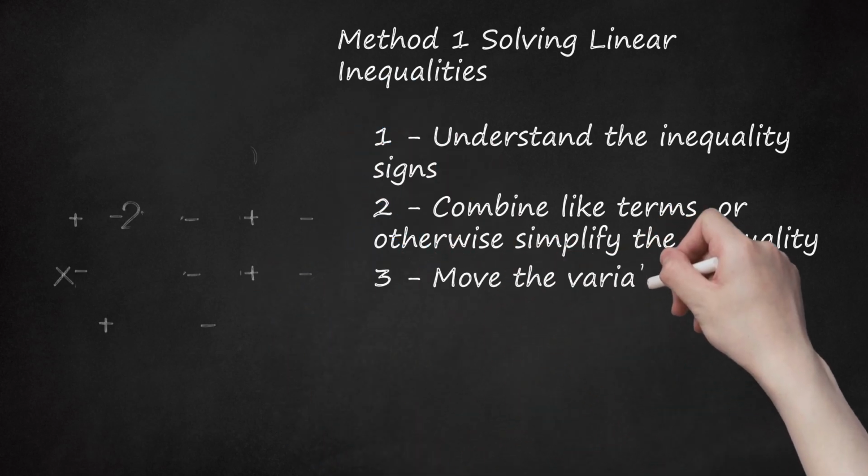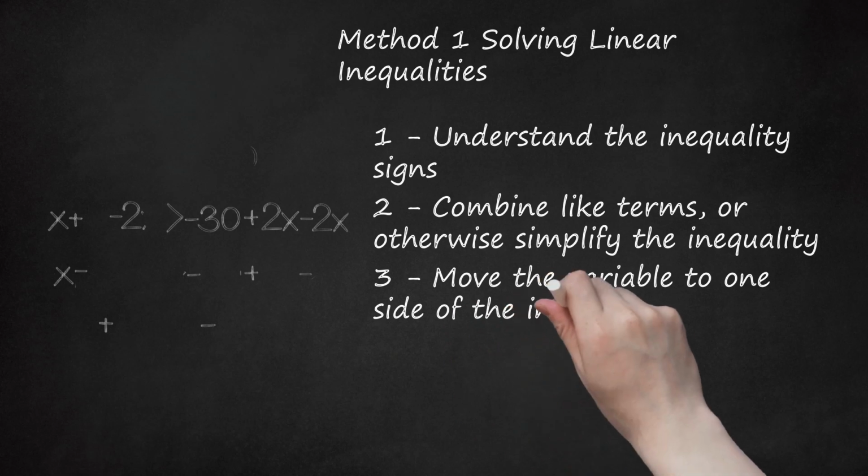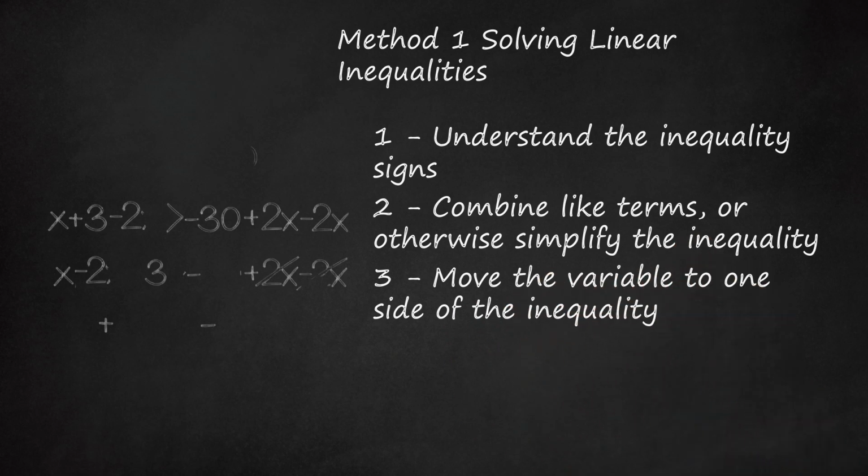3. Move the variable to one side of the inequality. To do this, add or subtract variables from one side of the inequality. Remember that whatever you do to one side, you must also do to the other side.